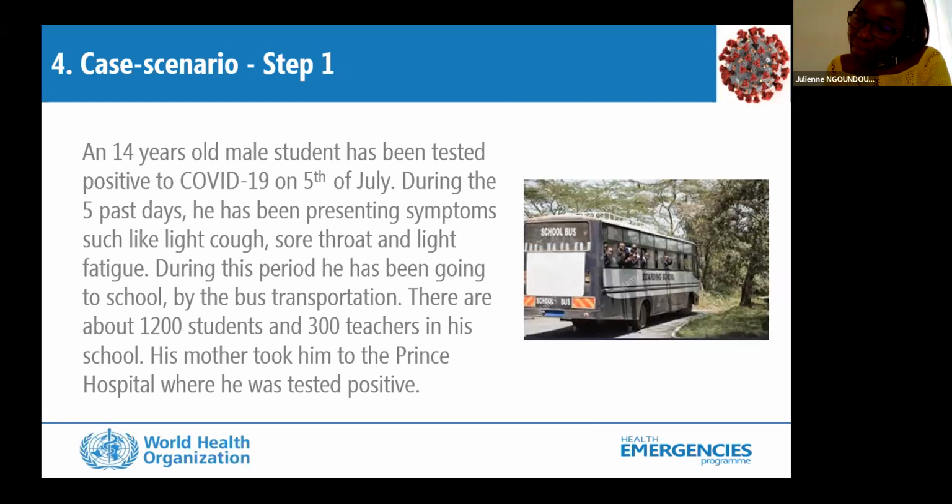So I prepared this example based on the risk communication experts who are currently deployed responding to the COVID-19 pandemic in the field, because many countries have opened schools, others are planning to open schools.